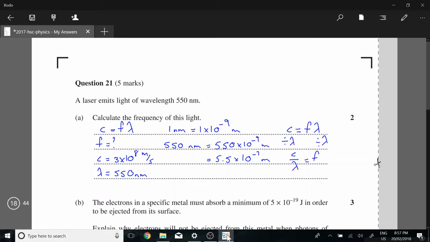And then I just plug in my numbers, so I get f equals 3 times 10 to the 8 meters per second divided by 5.5 times 10 to the minus 7, and that gives me an answer of 5.45 times 10 to the 14 hertz.